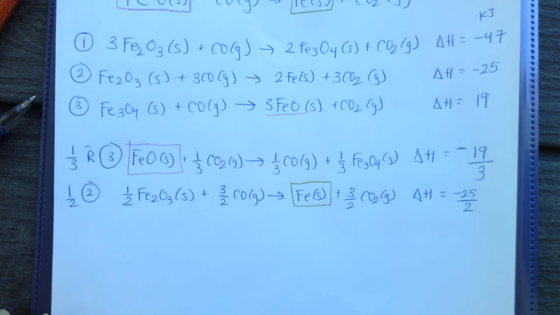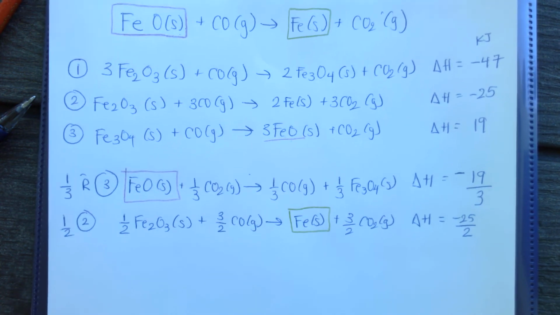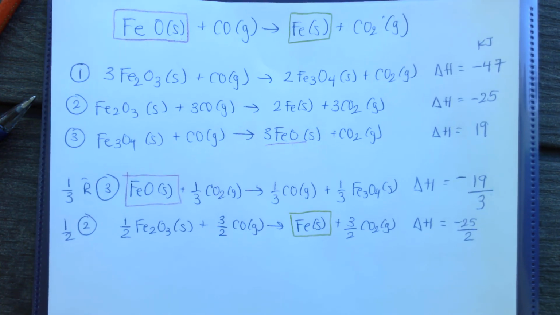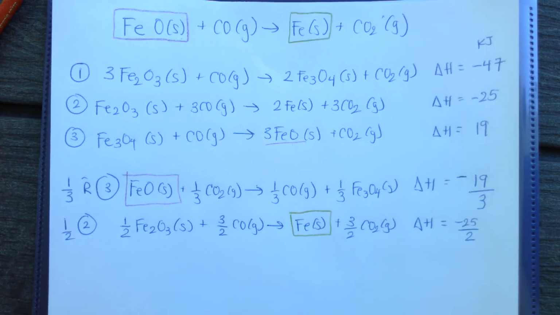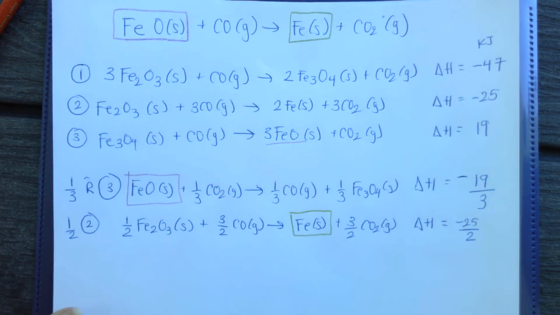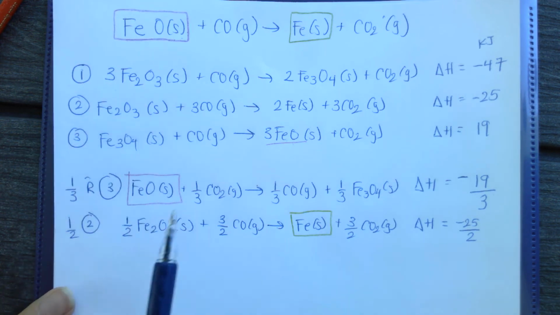Okay, so that let us deal with reactions 2 and 3. So hopefully now, whatever we need to do with reaction 1, we're going to bring all of this together, which seems kind of hard to believe with all of these fractions everywhere, but it will work itself out. Okay, so let's take a look at reaction 1.